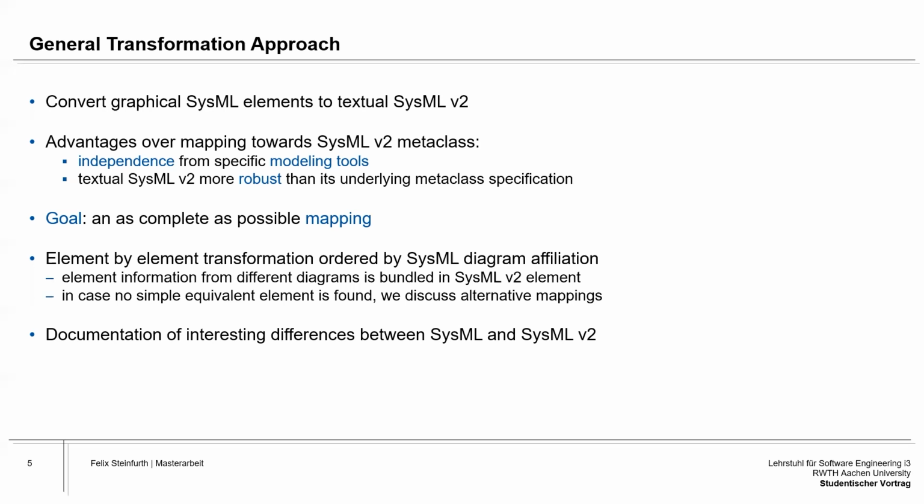In this case, the element information from different diagrams of the SysML model is bundled in a singular SysML v2 element. And in case that no simple equivalent element is found, we discuss alternative, more complex mappings. Furthermore, we provide a documentation of interesting differences between SysML and SysML v2.